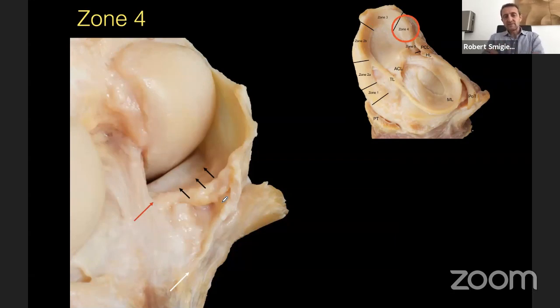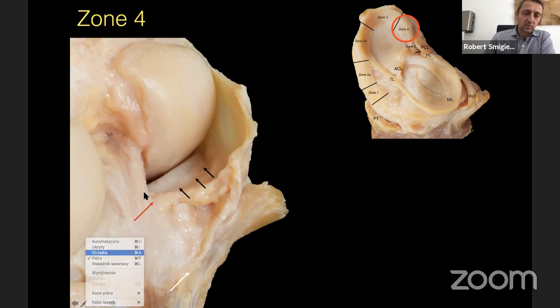Zone 4 is a very secret zone, I would say, or a very undiscovered zone, because zone 4 is the most hypovascular area of the medial meniscus. It's attached only to the tibia. That's what you can see here.